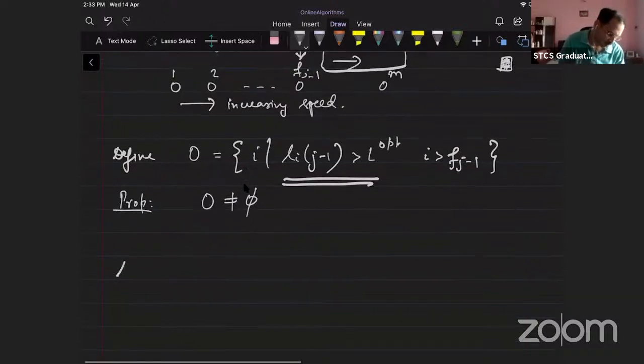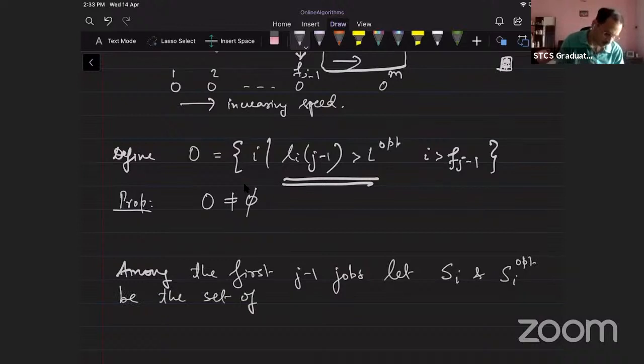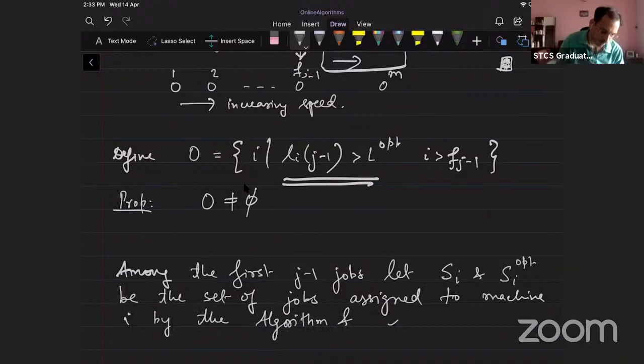Okay, so always remember we are anchoring at the jth job, which was not assignable. So J is a very important one. Among the first j minus 1 jobs, let Si, capital S, and Si OPT be the set of jobs assigned to machine I by the algorithm and the OPT respectively.